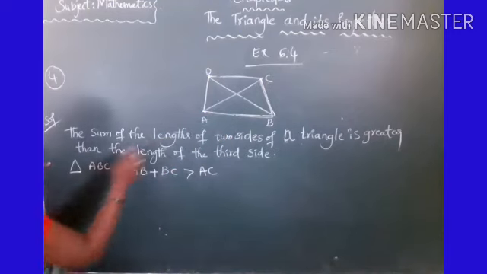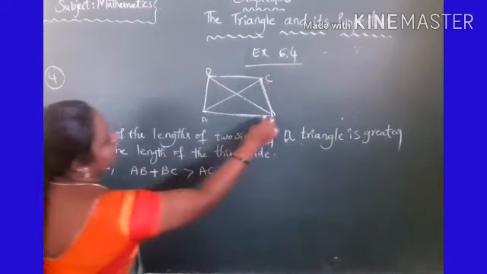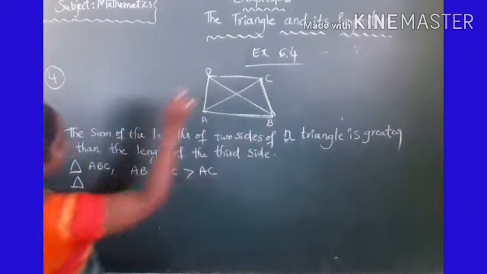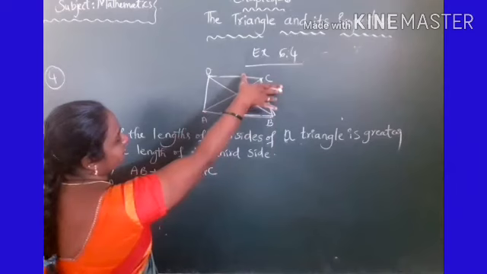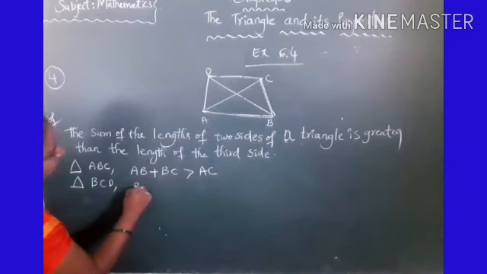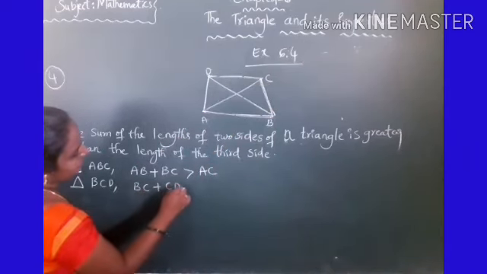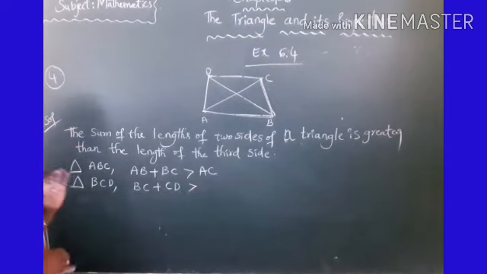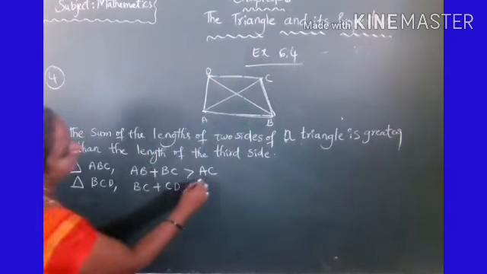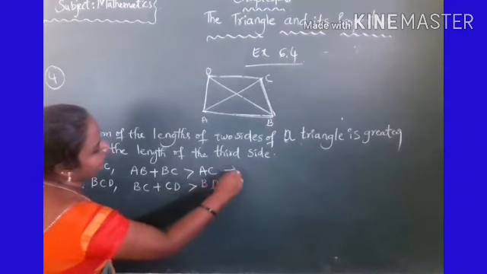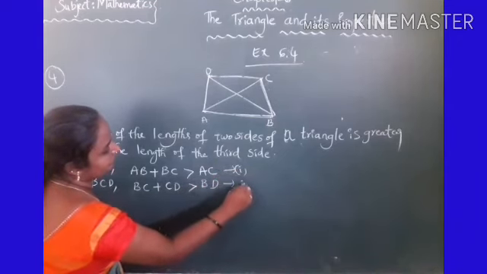And next, in triangle BCD, sum of two sides, BC plus CD is greater than BD. So it is one and it is second one.